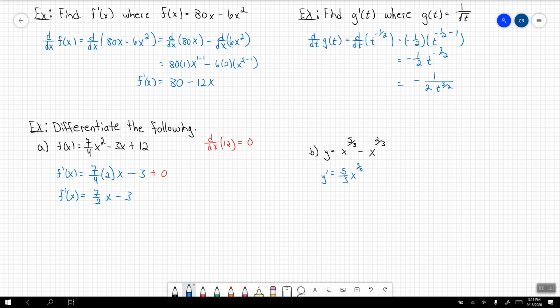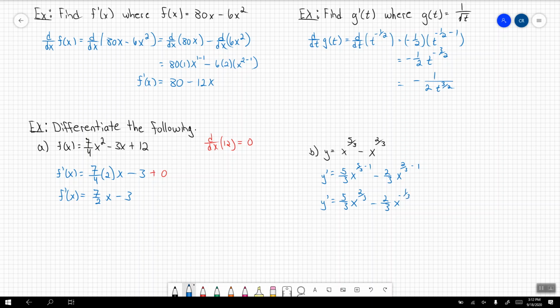So that's going to be 5/3 times x to the power of 5/3 minus 1, minus, do the same thing here, 2/3 times x to the power of 2/3 minus 1. So our y prime turns into 5/3 times x to the power of, and that's 3/3, so that's going to be 5 minus 3, so that's going to be 2/3, minus 2/3 times x to the power of negative 1/3.